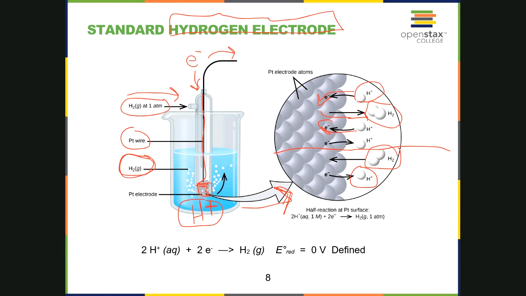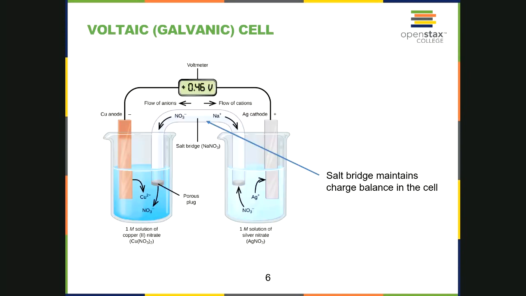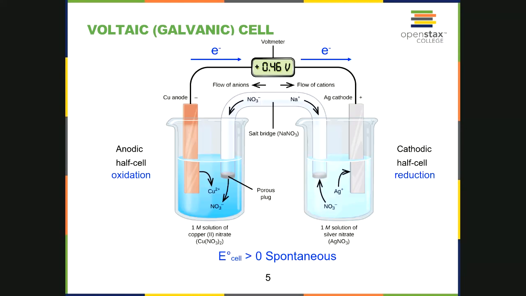Okay, so you're probably thinking, well, why do we care about this thing? And here's the reason why. If we go back to one of our early pictures here, on our voltmeter, we've got this 0.46 volts. Well, part of that 0.46 volts is coming from the anode.